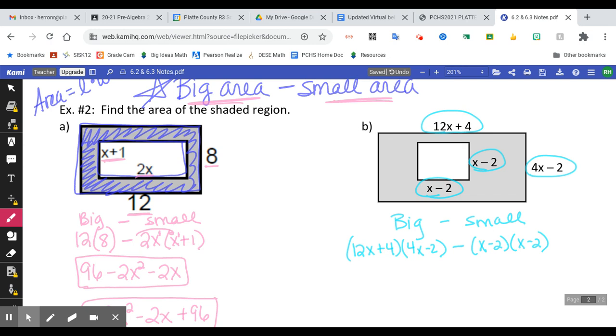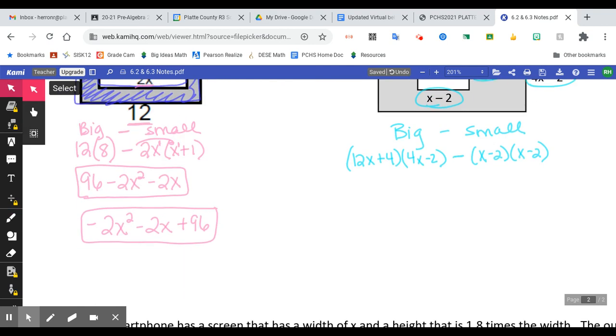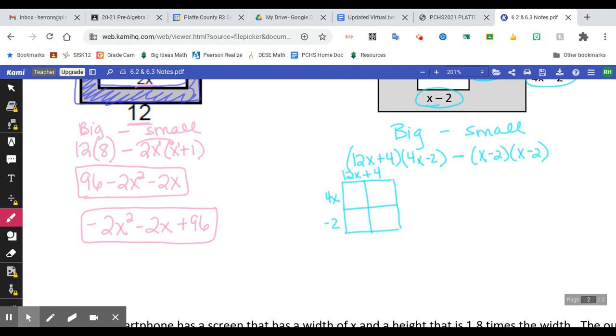Okay, so now it's basically like having two box methods, and then we're going to put our answers together at the end, right? So let's do the first one. We've got a box here, 12x plus 4, 4x minus 2. 12 times 4 is 48.